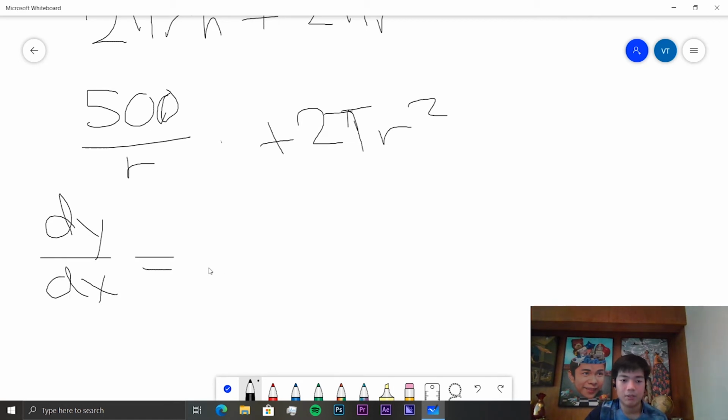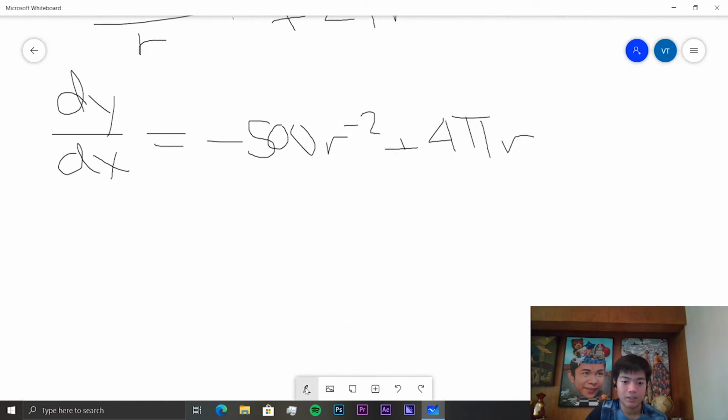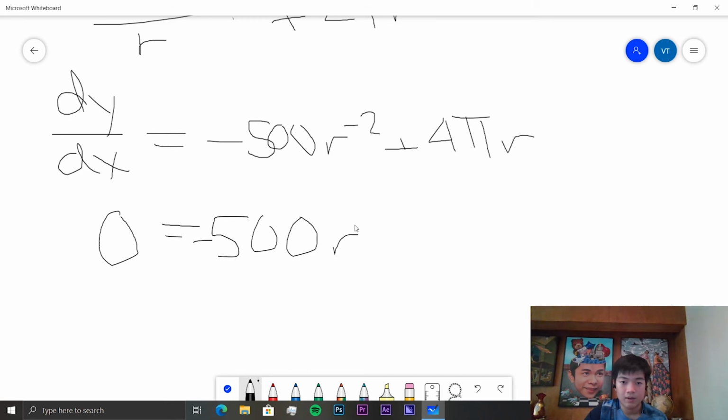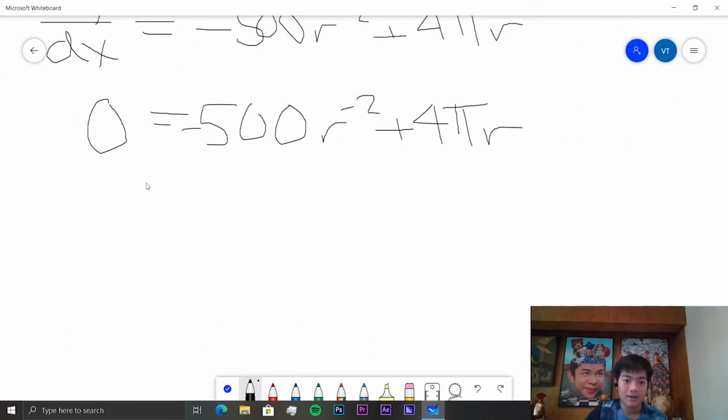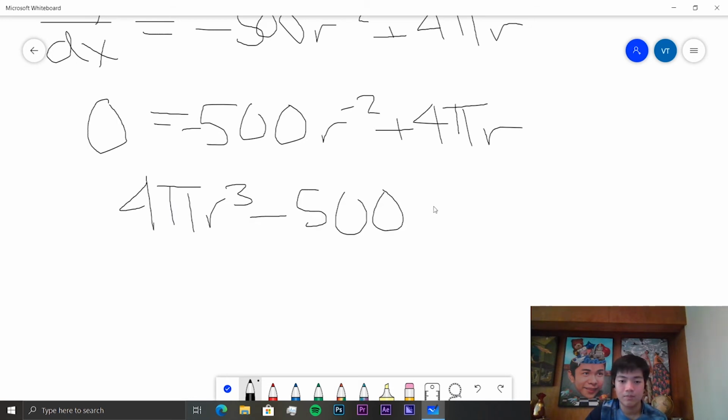So this will be equal to negative 500 r to the negative 2 plus 4 pi r. So we need to find the values for which this is equal to 0. So 0 is equal to negative 500 r to the negative 2 plus 4 pi r. If we multiply both sides by r squared, we get 4 pi r cubed minus 500 is equal to 0.